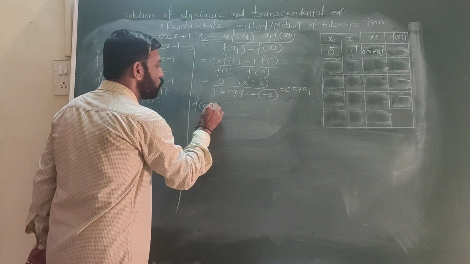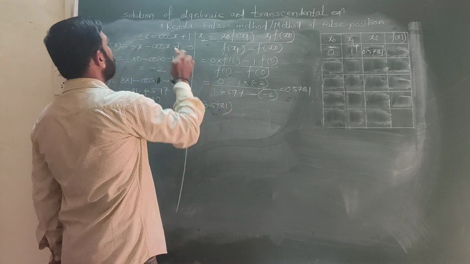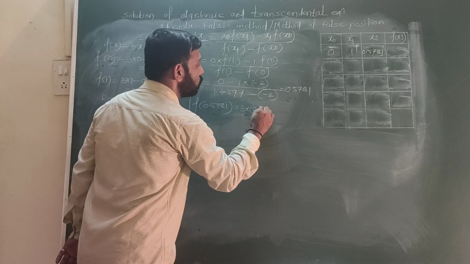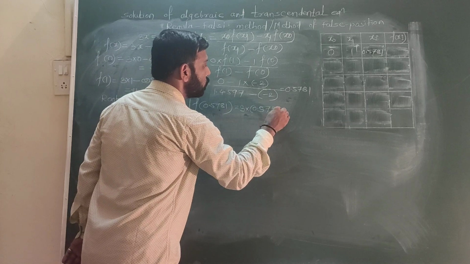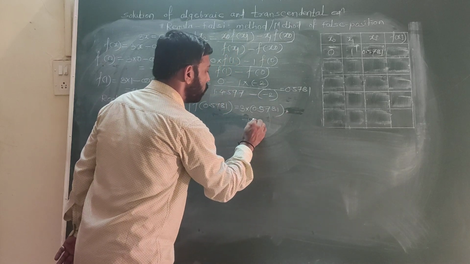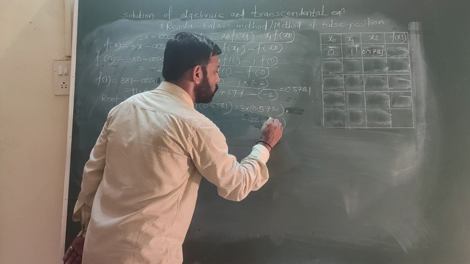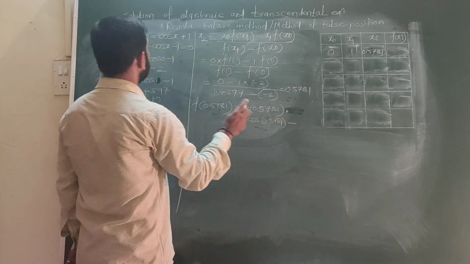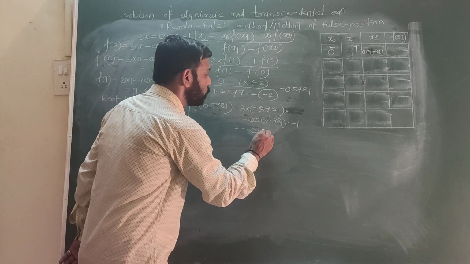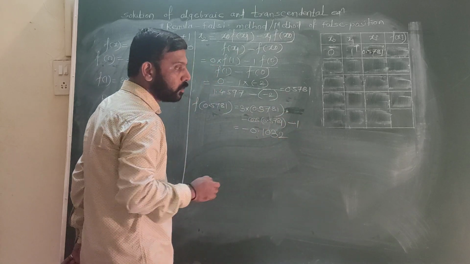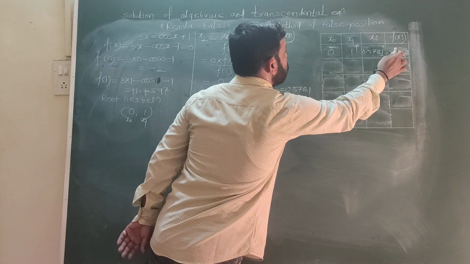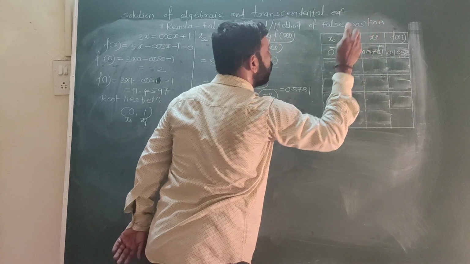Put 0.5781 in the polynomial, 3 into 0.5781 minus cos of 0.5781 minus 1, and the value calculated is 0.1032. So that symbol is positive, we give here.